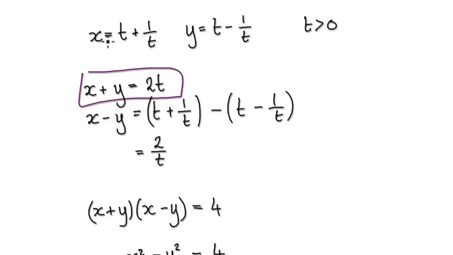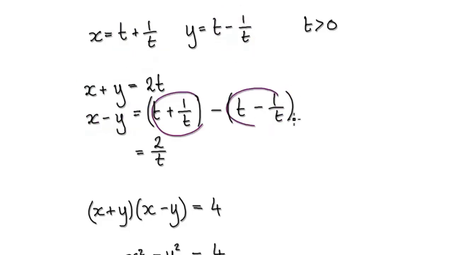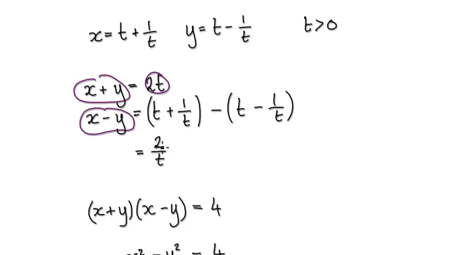Now the second part is to consider getting this take away this, so x take away y. If you tidy this up, it will give you 2t. So considering x plus y will give us this, considering x minus y will give us this.